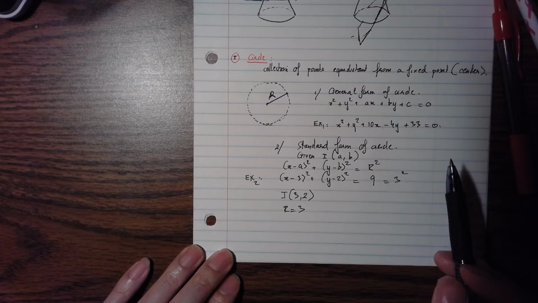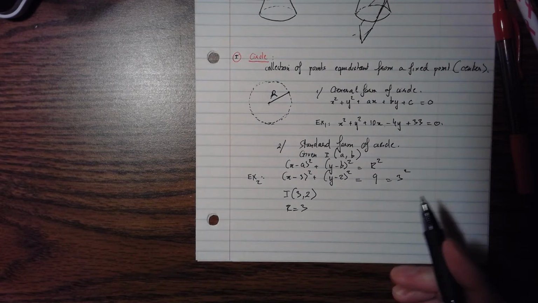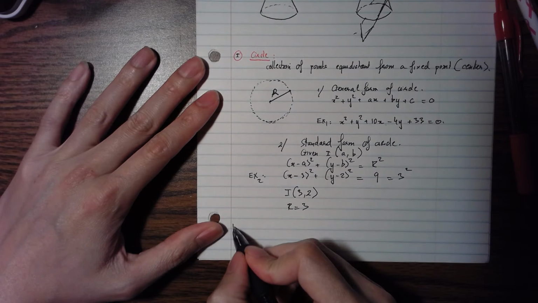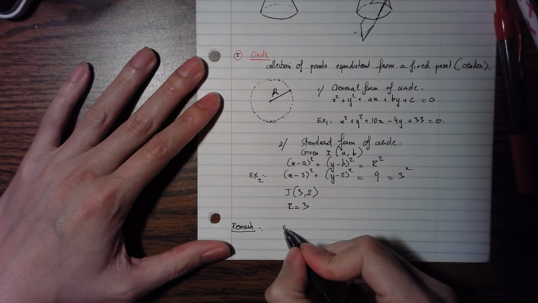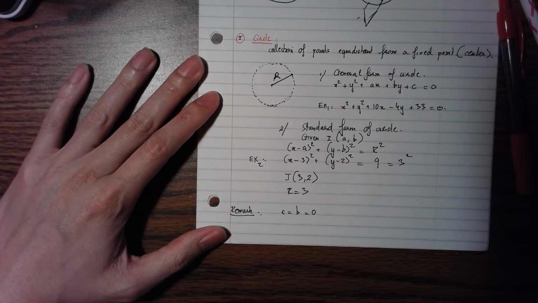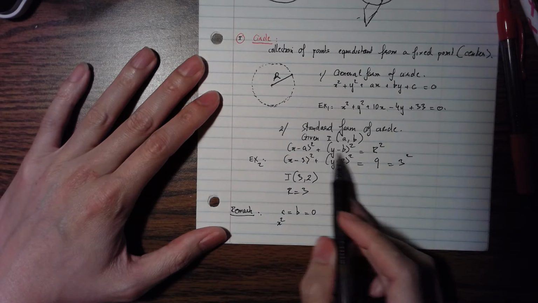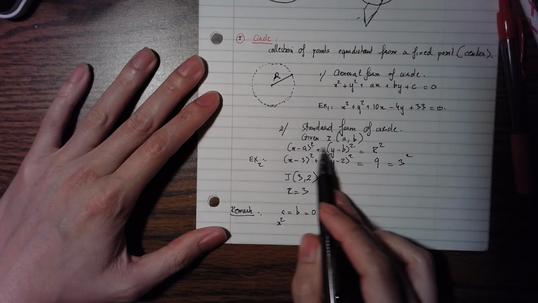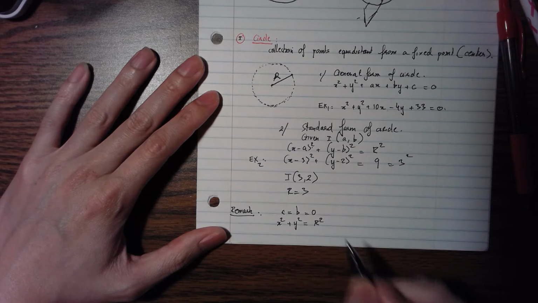Okay, but before doing that, I just want you to notice this. If A and B equal 0, then my equation becomes x squared plus y squared equal r squared.